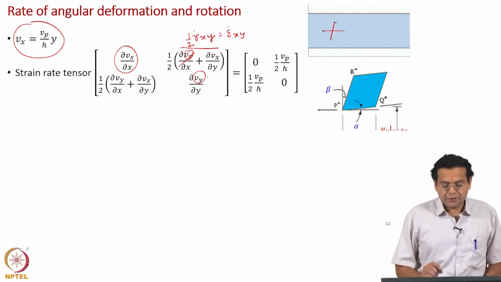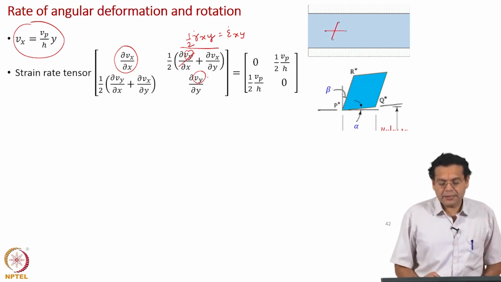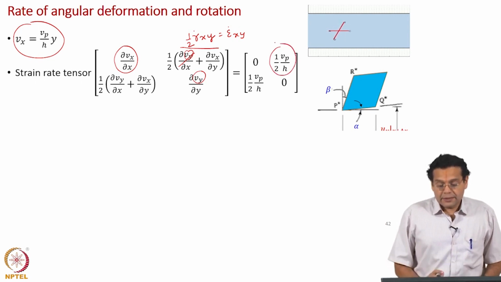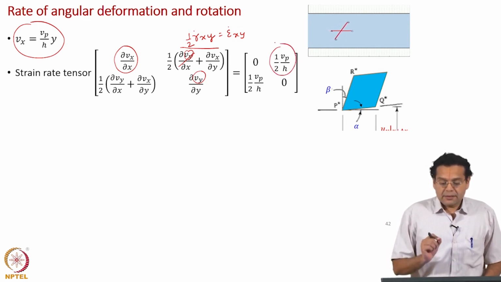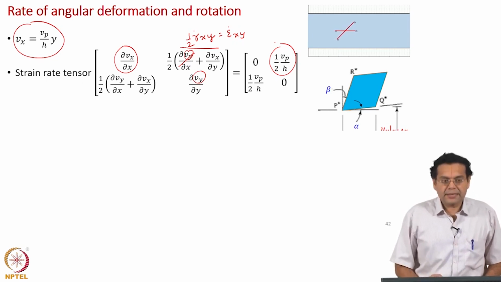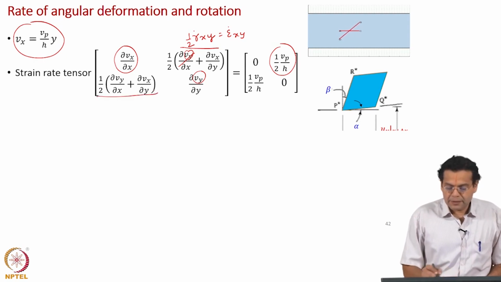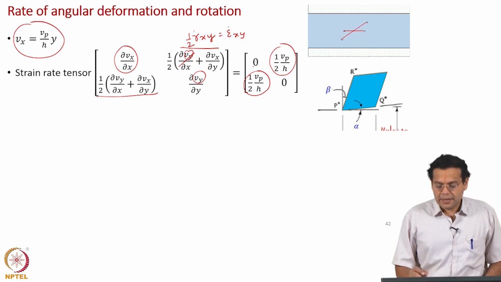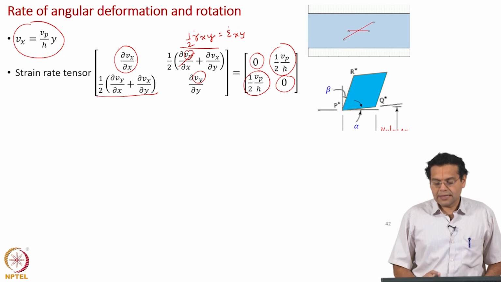We have Vx, if you partial differentiate you have Vp by h and a half. So, remember the strain rate is Vp by h, but that component of the strain rate tensor is half of that. And of course, we know it is symmetric. So, this term is also half Vp by h, and of course, we already discussed that the diagonal components are 0.